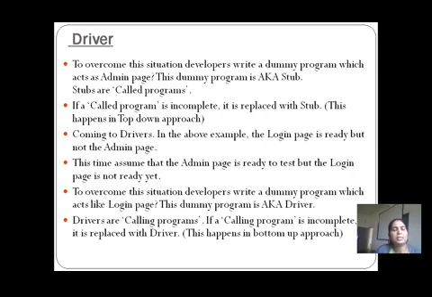If the login is successful, we need to move to the admin page, but our admin page is not ready. So to overcome this situation, a developer is going to write a dummy program which acts as an admin page. Now this dummy program is called a stub, and stubs are called programs.